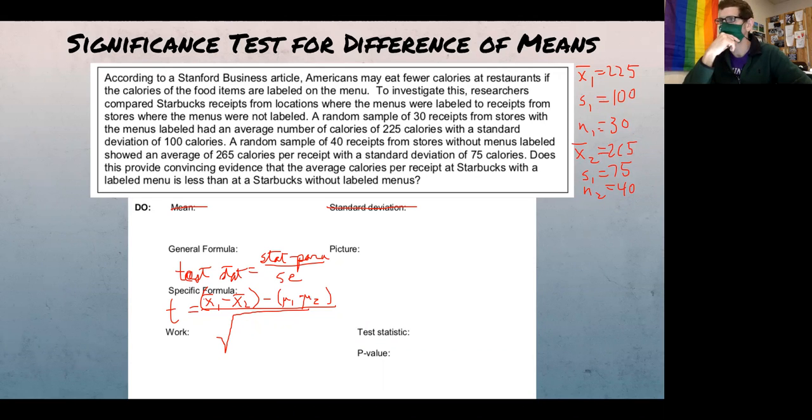So, where's yours? It's S over root n. No, wait, no. Do you want me to read it all out? It's the root of S sub 1 squared over n1 plus S sub 2 squared over n2. There it is. Perfect. A little hard to read.